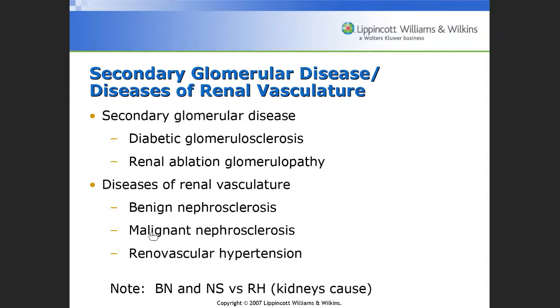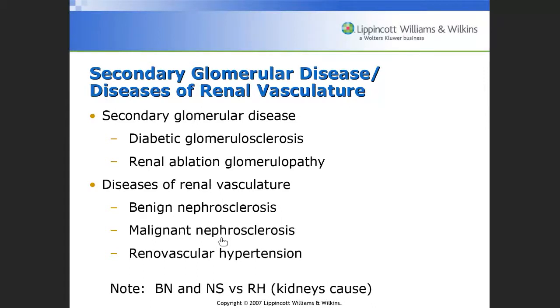Okay. Benign versus malignant nephrosclerosis and renal vascular hypertension. Benign, meaning that usually it is not as much scarring of the nephrons as in the case of malignant.